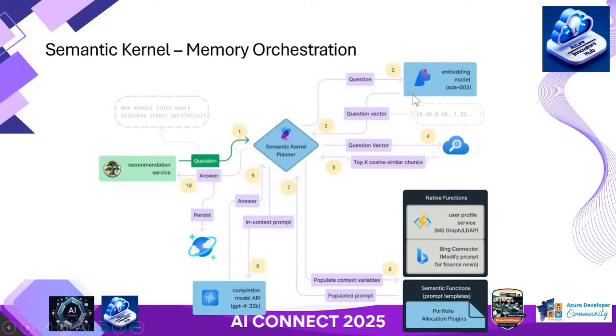Based on the knowledge base we have in AI Search, plus the enrichment with the model, we're going to be able to provide a more accurate response to the customer.